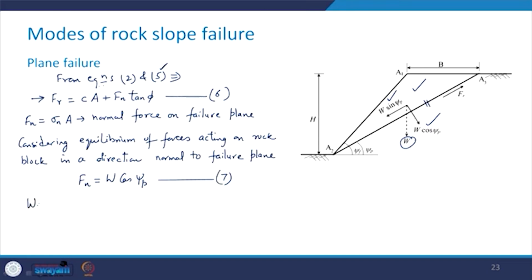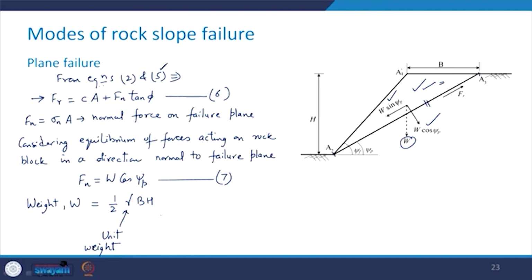Now, this weight W of the wedge is defined as half gamma B into H. See, this is the triangle A1, A2, A3, which is making this block which is sliding. I need to find out its weight. So, gamma is the unit weight of the rock material that is there in this block.